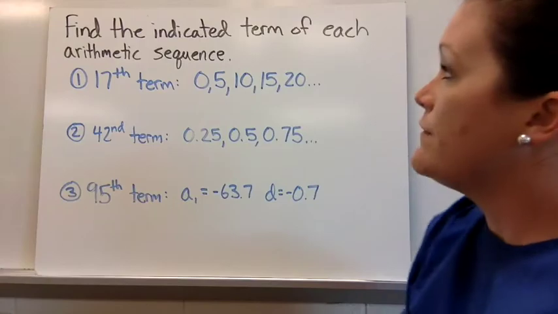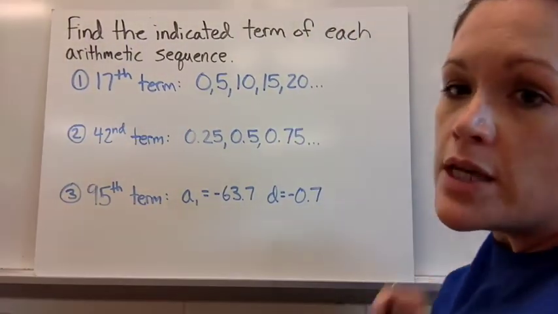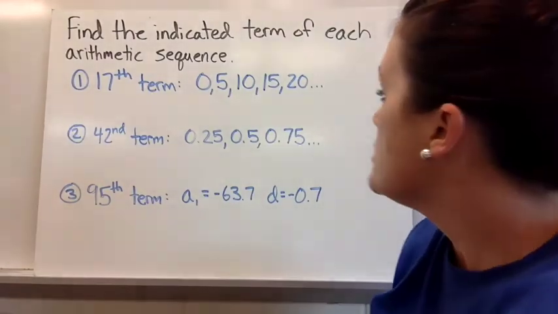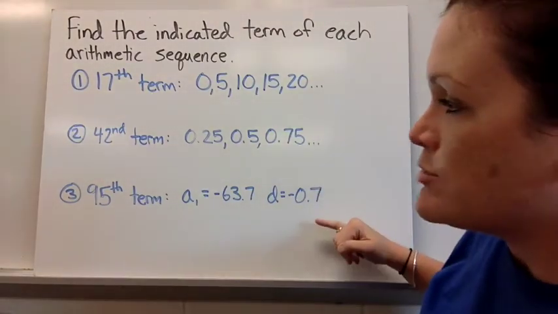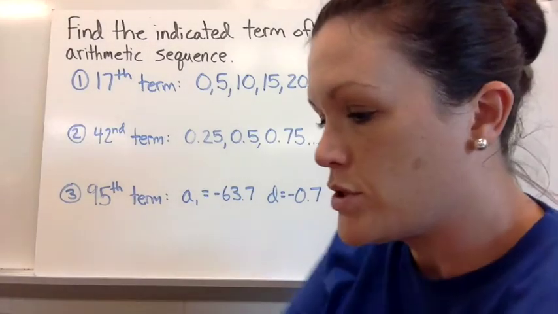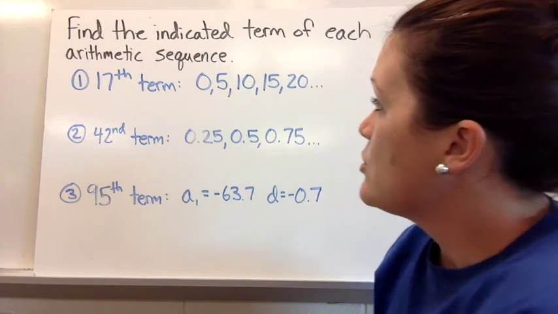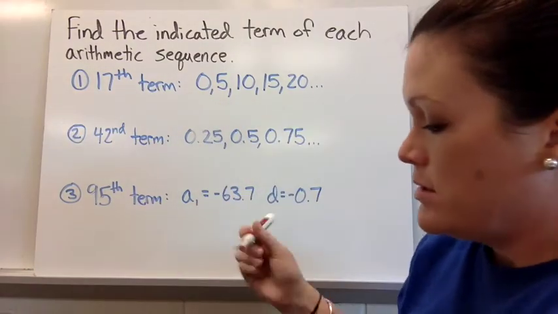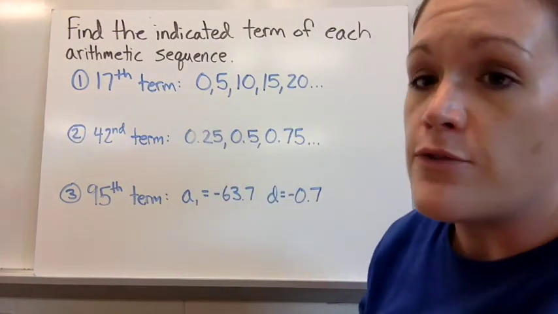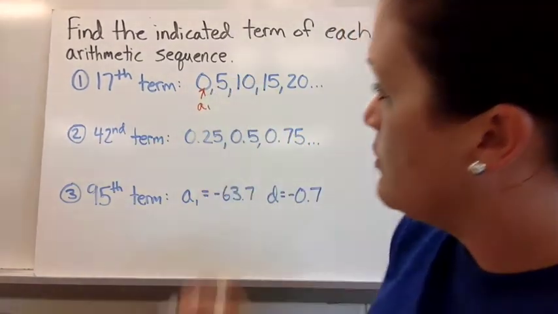Okay, this one wants us to find the indicated term of the arithmetic sequence. So sometimes you're given the sequence and sometimes you're given direct information about the sequence. I'm going to switch colors. So if I want the 17th term of this sequence, I would use the explicit formula for these, and I would easily see that my first term is 0.